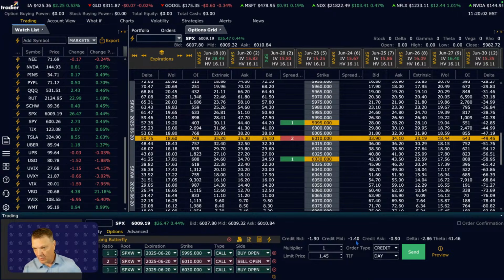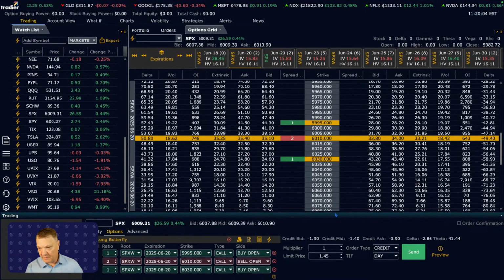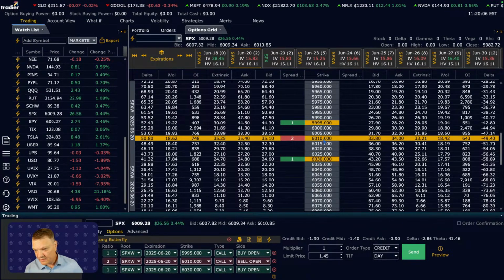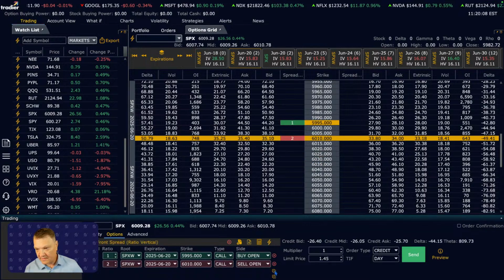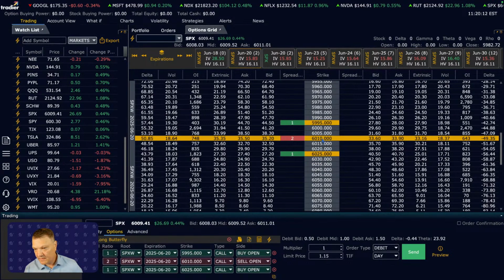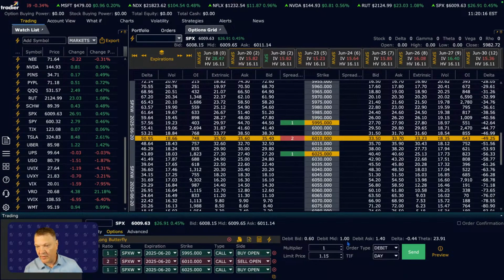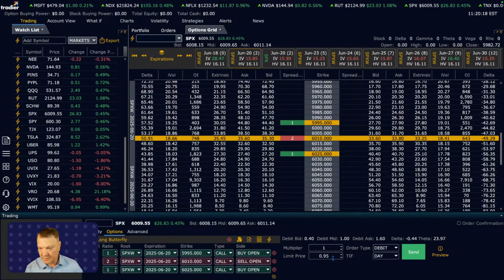So the entire cost of our 15, let's delete that, is $1. So we're risking $1 for the potential to make $1. Let's make it $1. We're going to say we got filled at $1.